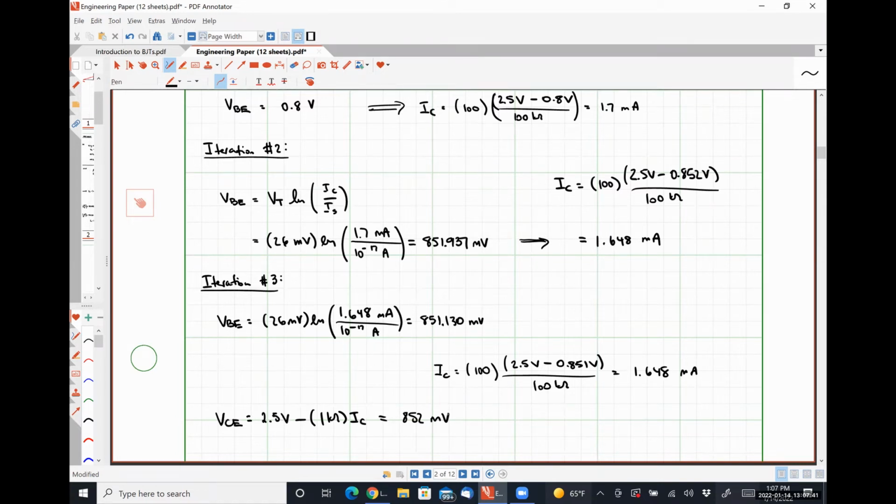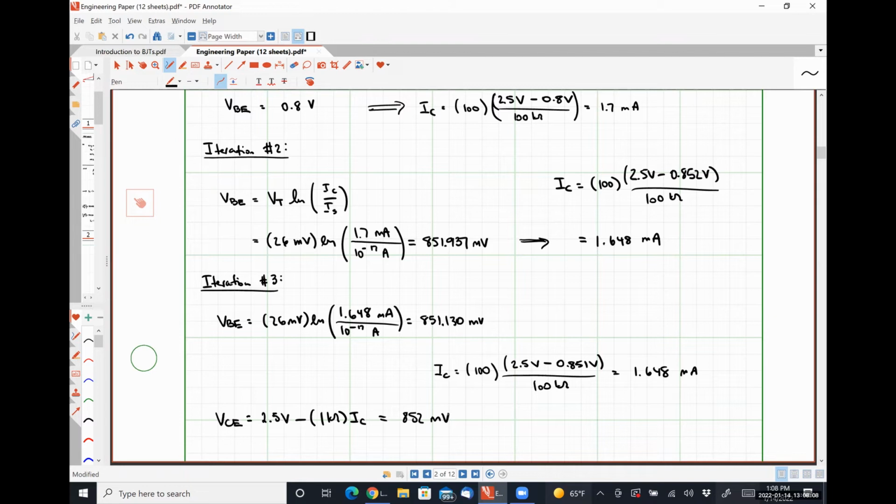If we decreased RC, this value would obviously get larger. If we increased RB, that's going to cause a decrease in IC, making this value get larger as well.